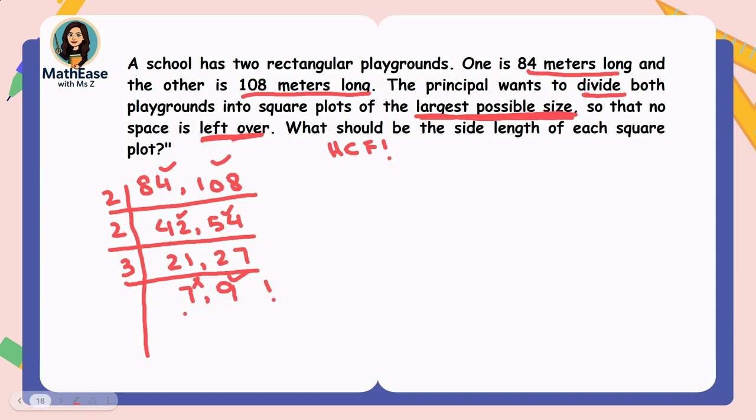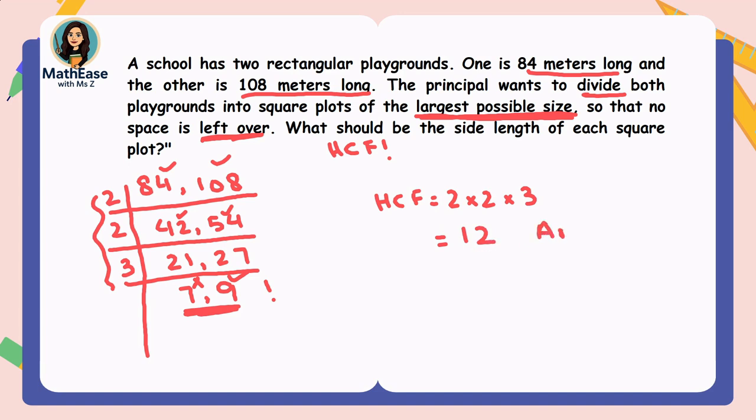And unless both numbers are divisible by the same prime number, we have to stop. So now you know the drill. Time to multiply the numbers on the left. So the HCF is equal to 2 times 2 times 3, which gives us 12. So our final answer is 12, meaning that the side length of each square plot should be 12 meters.